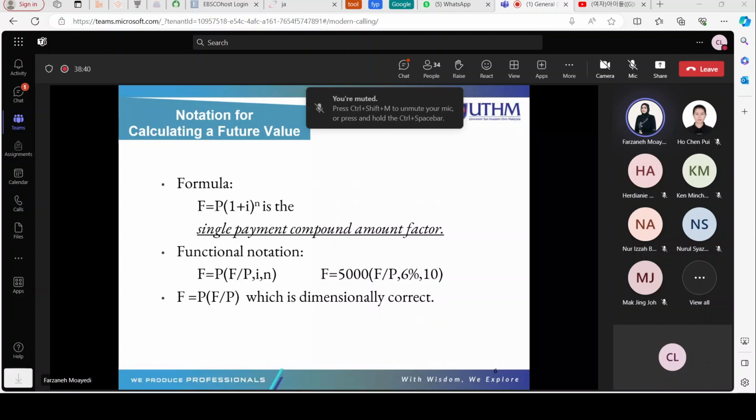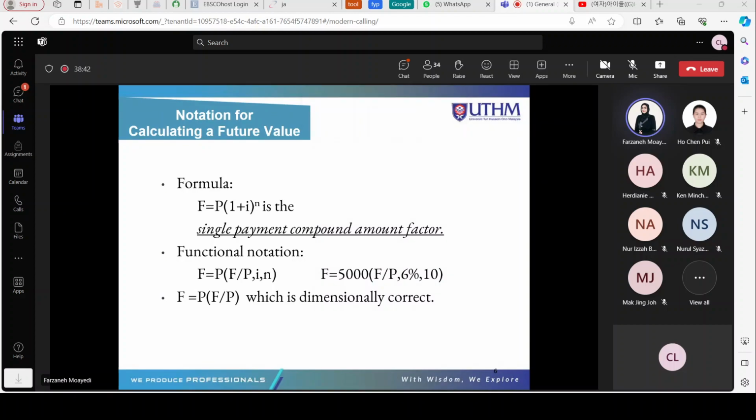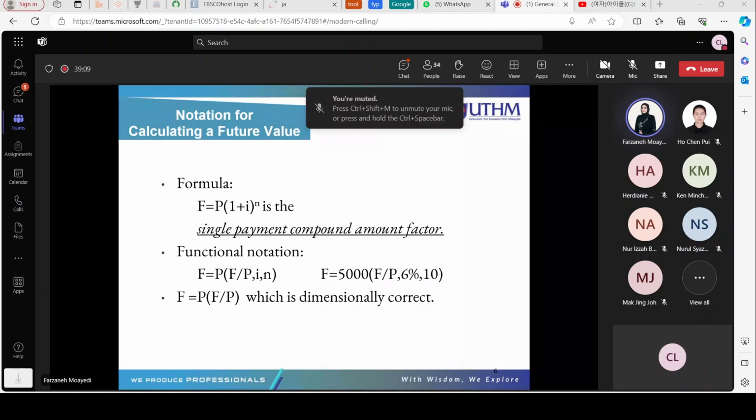For example, if you get a loan today with an interest of 6% and the duration is 10 years, you are only going to return the money one time, at the end of the 10 years.